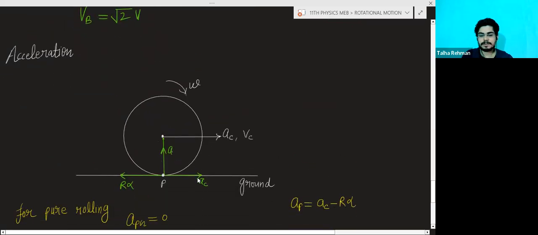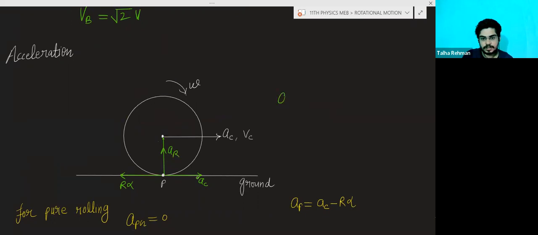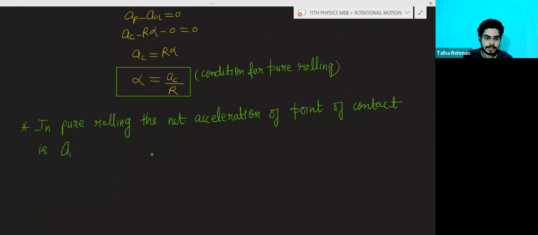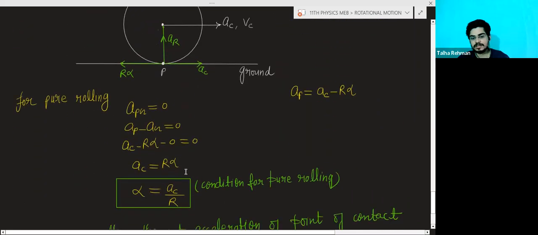Because AC we have already represented. So AR is radial or centripetal acceleration. So this is a condition for pure rolling in terms of the acceleration.